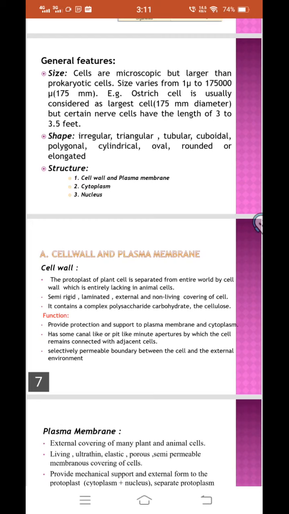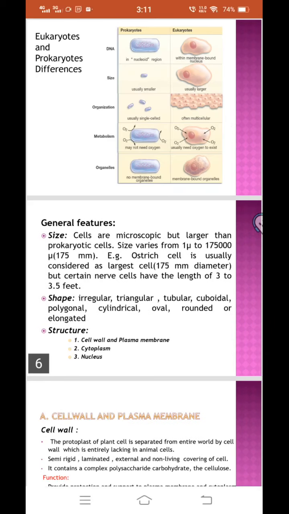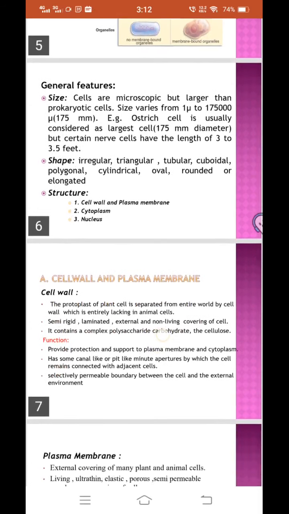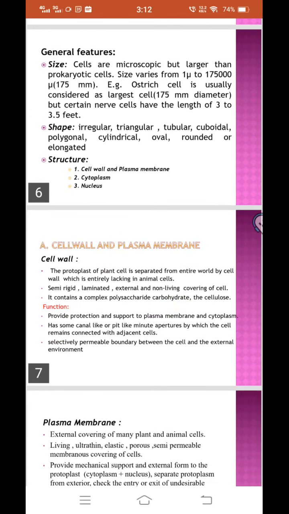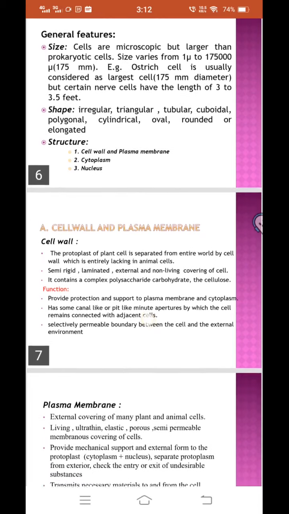But certain nerve cells also reach 3 to 3.5 feet. So we have seen that eukaryotic cells are much larger in comparison to prokaryotic cells.